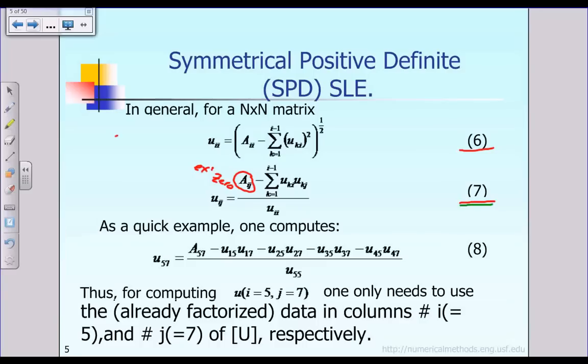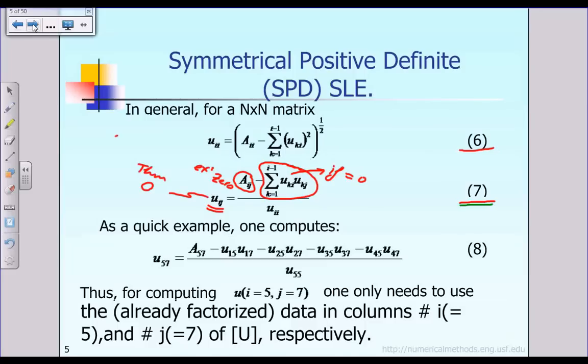In that case, the value of u_ij could be 0 or non-zero depending on this summation of the product. If this summation is 0, then this term u_ij is also equal to 0.